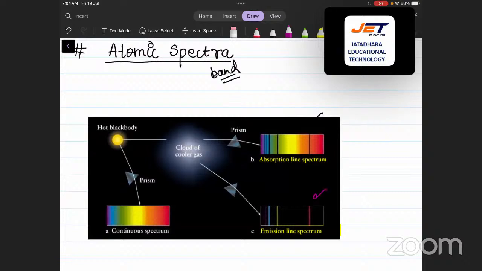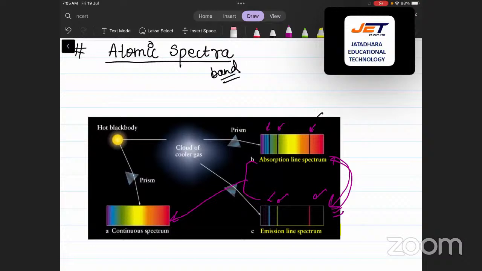We are just getting the lines respective to certain colors, whereas in the absorption spectra certain colors are missing. So this is like a photographic negative of this. If I overlap both of these, then I'll get the complete spectra.